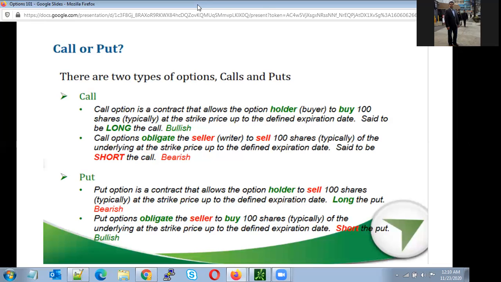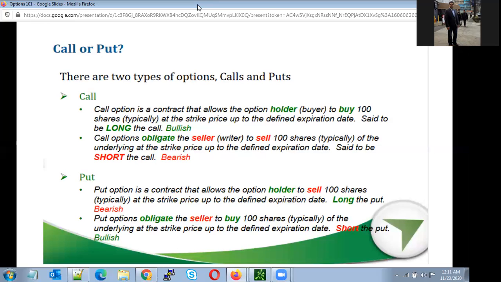The call seller, whoever is a seller, has an obligation. When I say, okay, I will give this phone or this laptop on this particular day at this particular price, and I want you to pay me $100 right now, I have an obligation. As a seller, I am contracting with you that you give me some premium money, like an insurance.